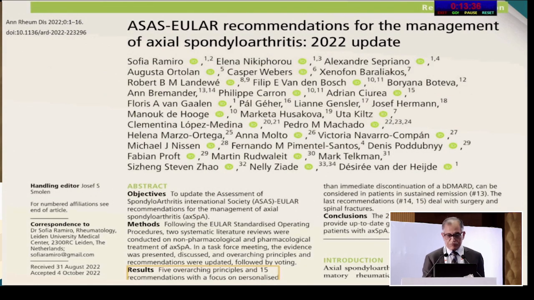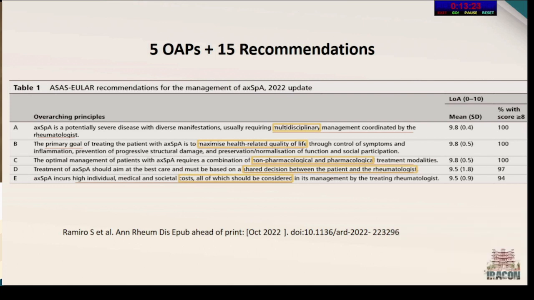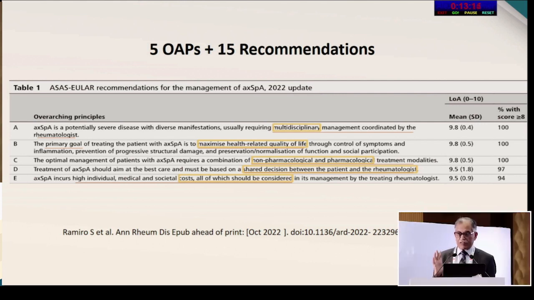Now, this is the publication that came last month. Here they have the usual format of overarching principles and recommendations proper. There are 5 overarching principles, in which the first one emphasizes that a multidisciplinary approach is required, where rheumatologists are at the center and other specialists chip in.